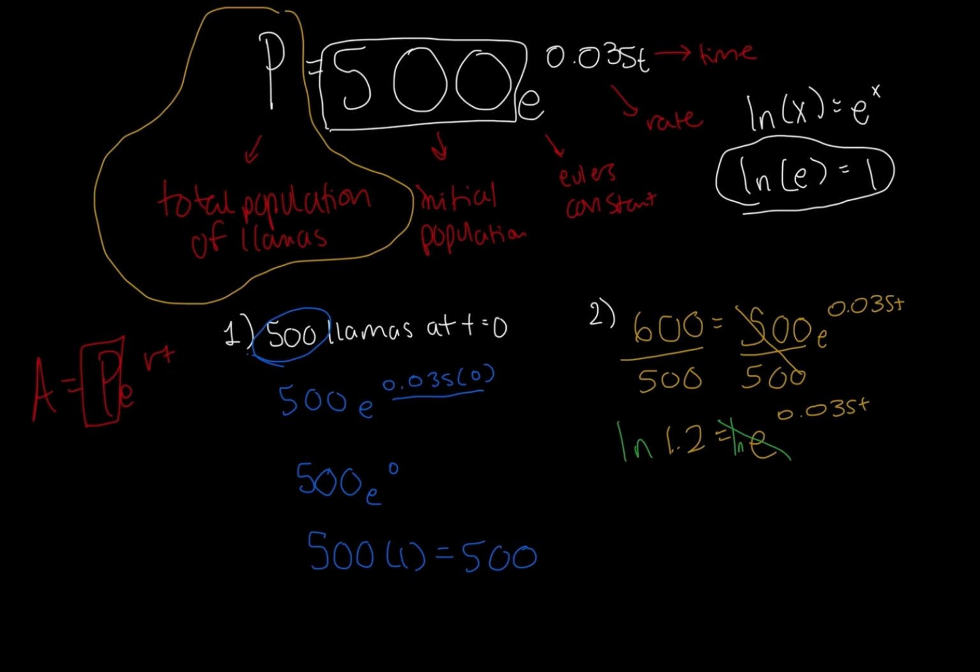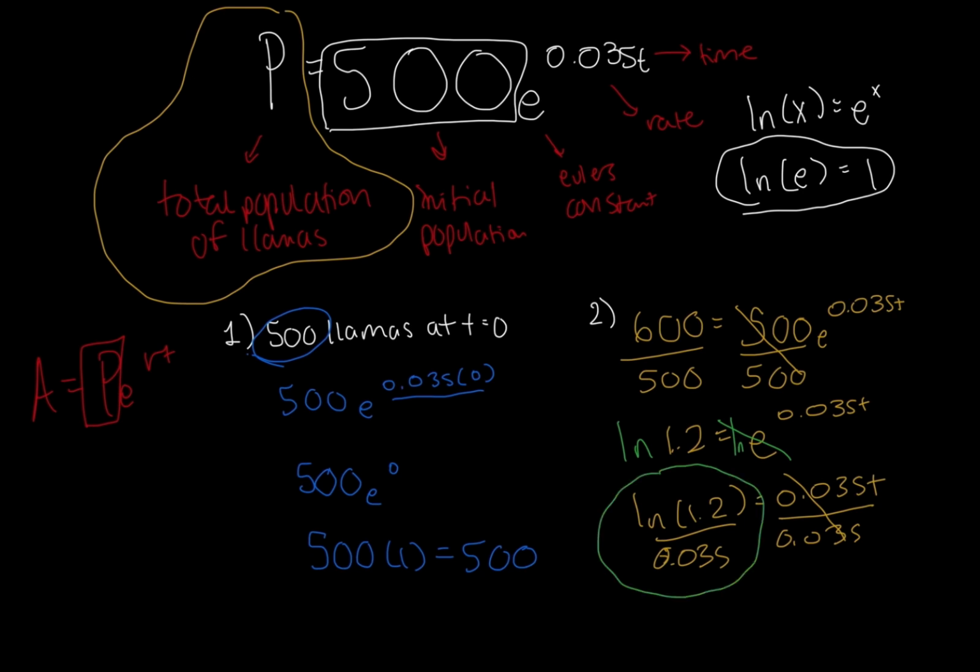So if we do ln of e, they cancel out, and now we're left with just ln of 1.2 is equal to 0.035t. Now all we have to do is divide by 0.035 on both sides, and whatever we get for this answer is going to equal t. Our answer is t is equal to 5.2 years.